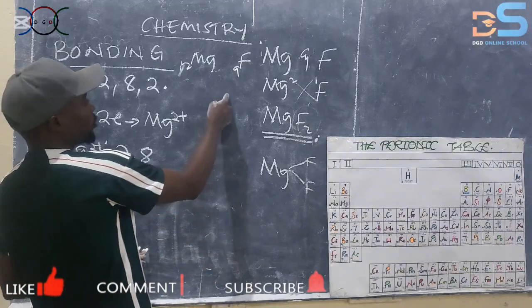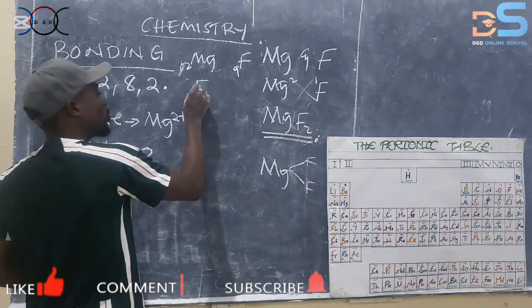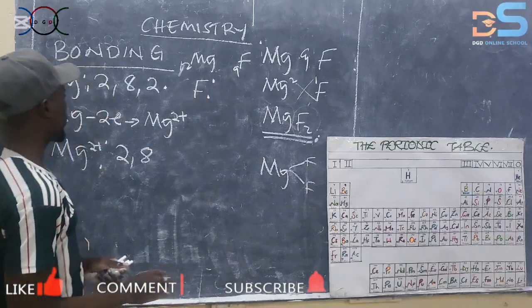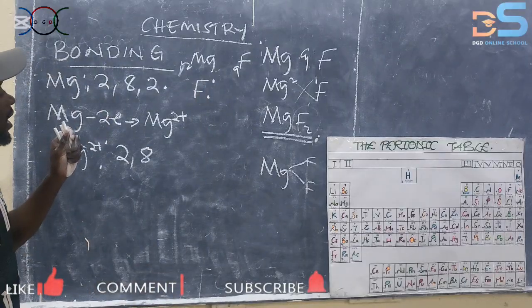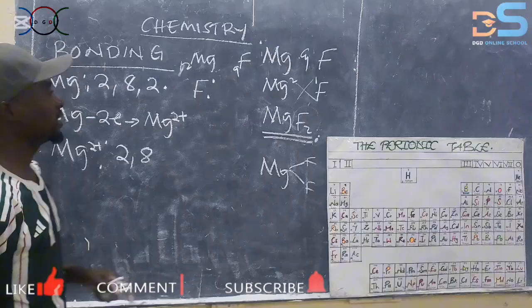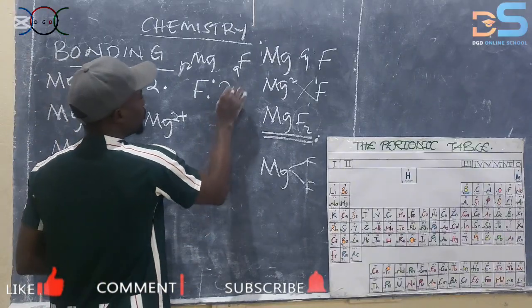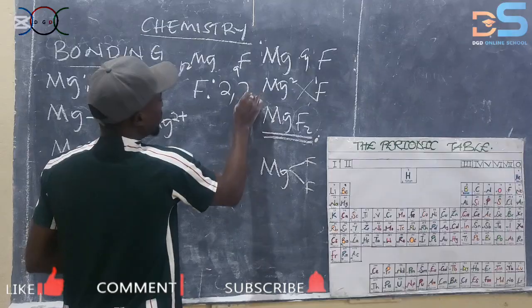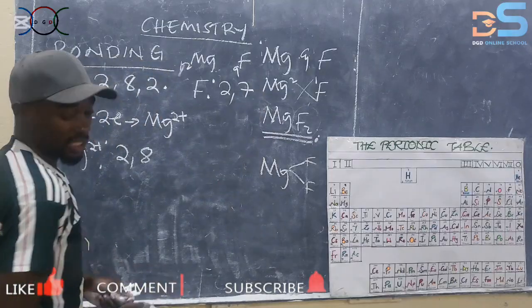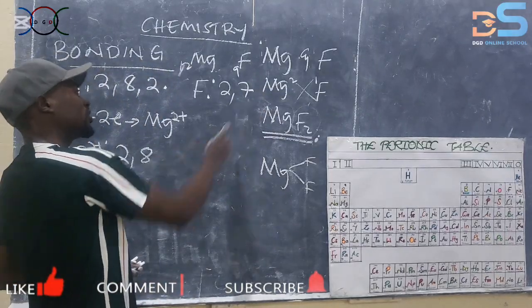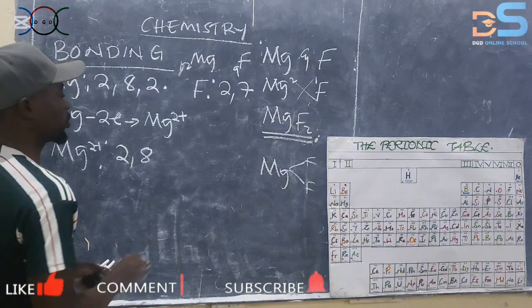But now, if we come to fluorine, as a neutral atom, this fluorine is going to have how many electrons? 9. So to write the electron configuration, it is going to be 2, then 7. So in order for it to be stable, it only needs to receive 1 electron.